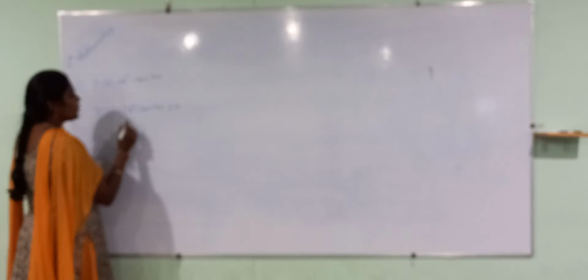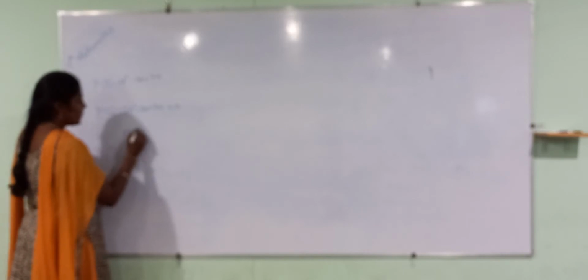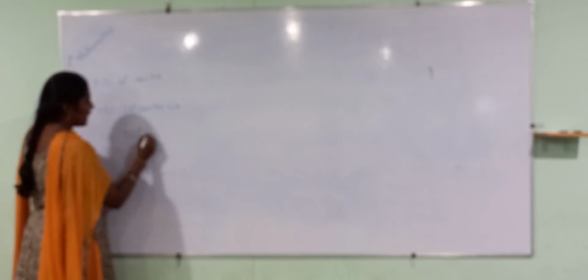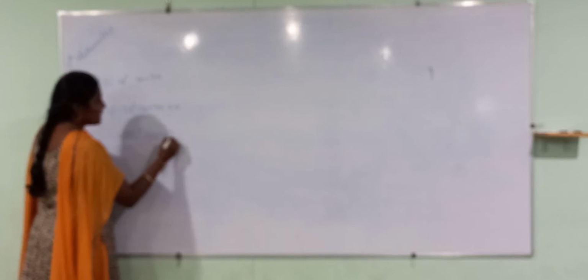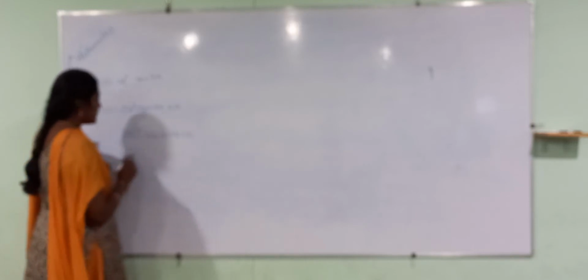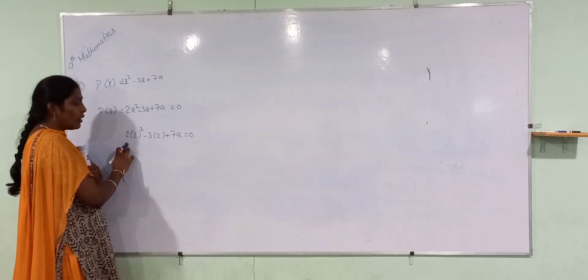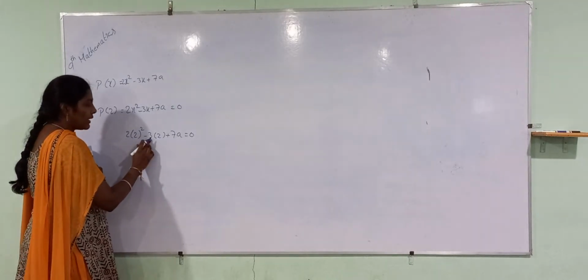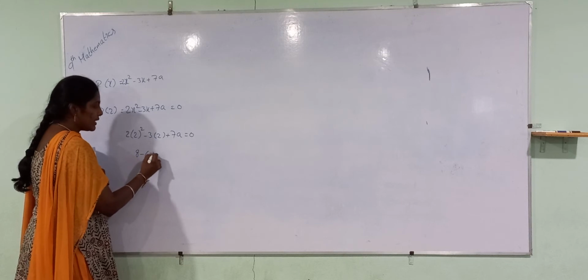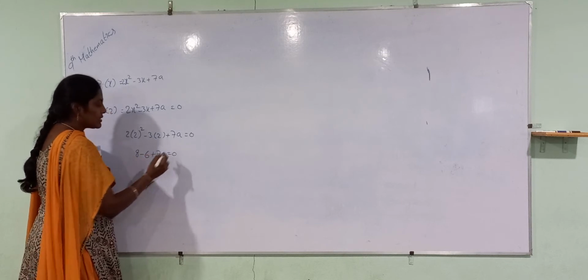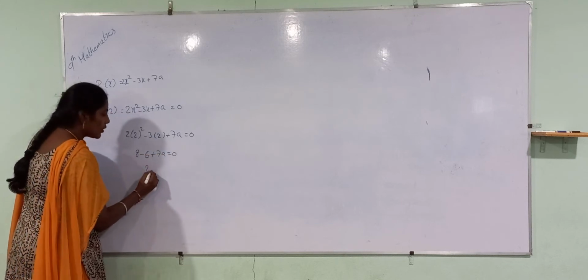So let us substitute 2 in this expression. 2 square minus 3 into 2 plus 7a equals 0. 2 square means 4. 4 into 2, 8. 8 minus 3 twos are 6 plus 7a equals 0. 8 minus 6, 2.